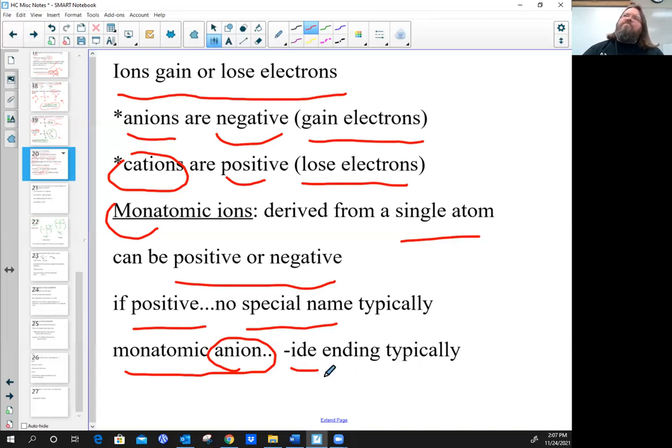But as a -1 ion, fluorine becomes fluoride, bromine becomes bromide, chlorine becomes chloride. So that IDE ending is sort of a clue that you're talking about an ion or an ionic compound. Okay.